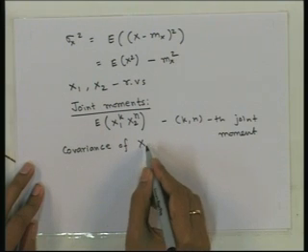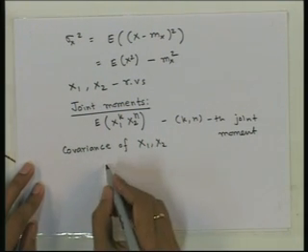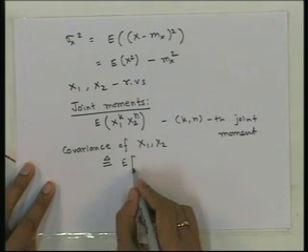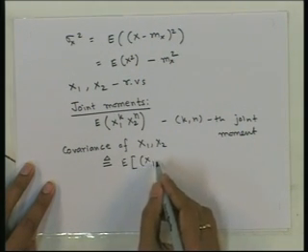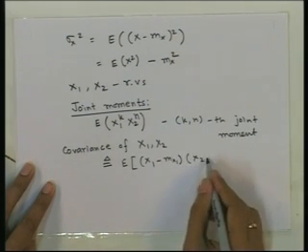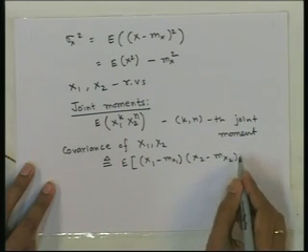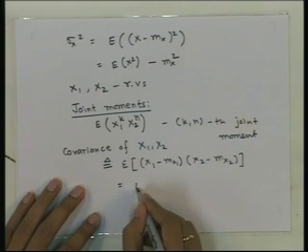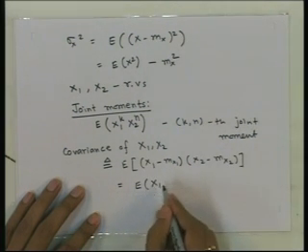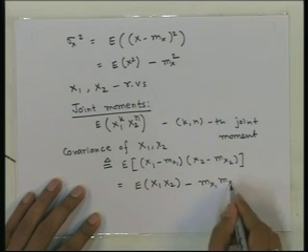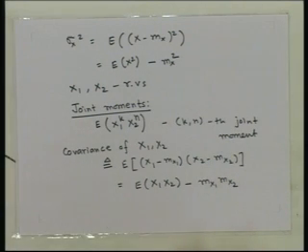The covariance of x1 and x2 is defined as the expectation of x1 minus m x1 times x2 minus m x2, and one can show that this will also be the same as the expectation of x1 x2 minus m x1 m x2. So, this is the covariance of these two random variables, x1 and x2.